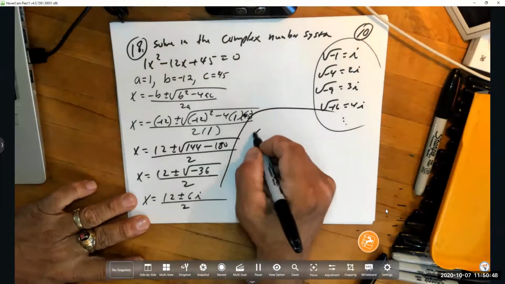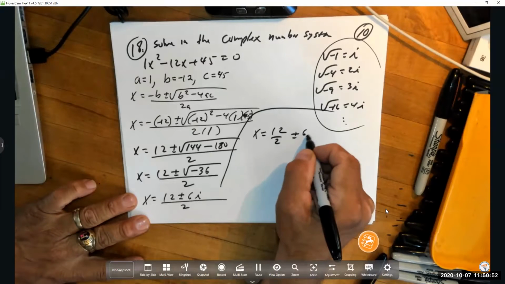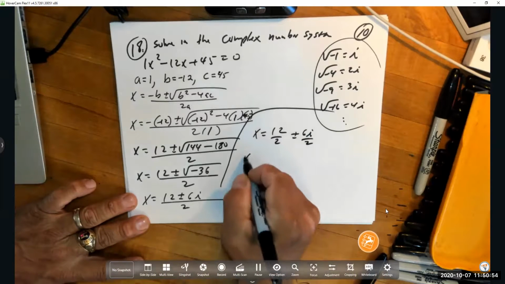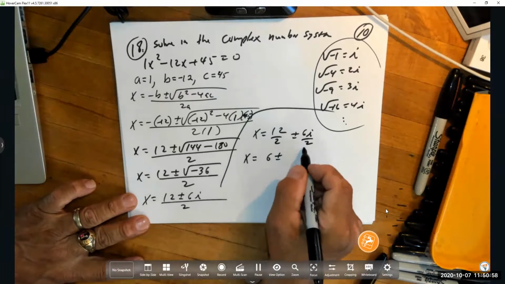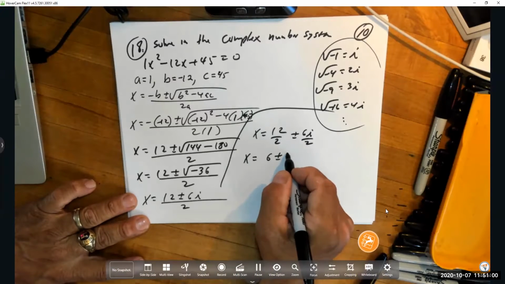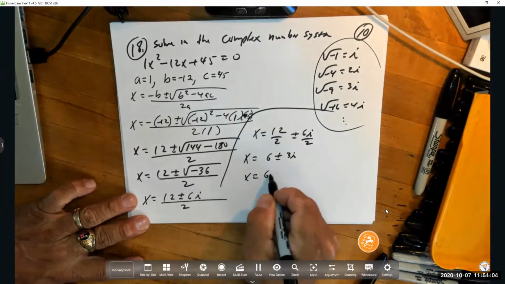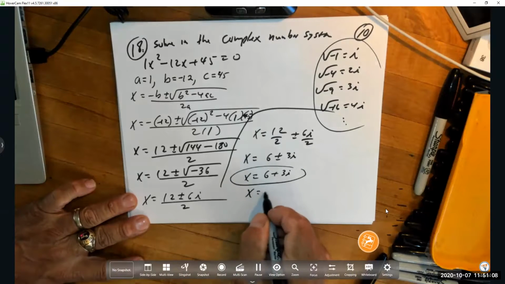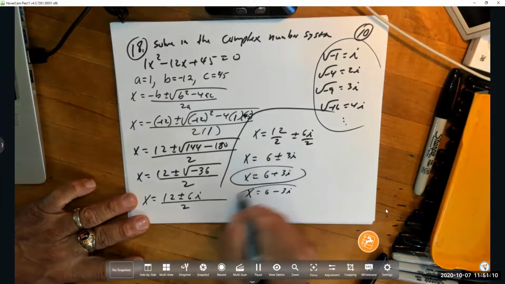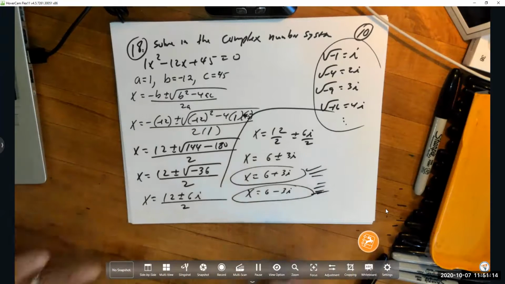So you're going to have 12 over 2 plus or minus 6i over 2. So that's going to be 6 plus or minus, what's 6 divided by 2? 3. So you have 6 plus 3i, and you have 6 minus 3i, like that. You have this answer, you have this answer. See where I get those answers right there?